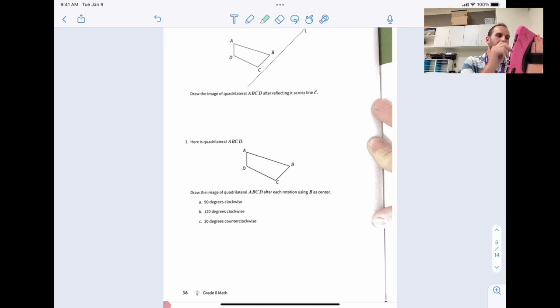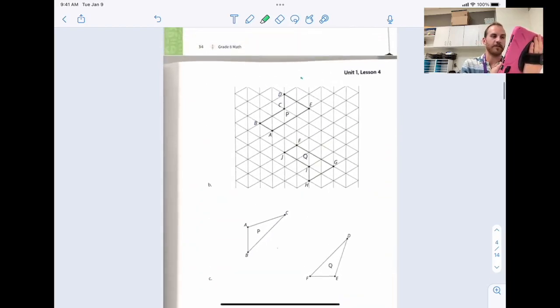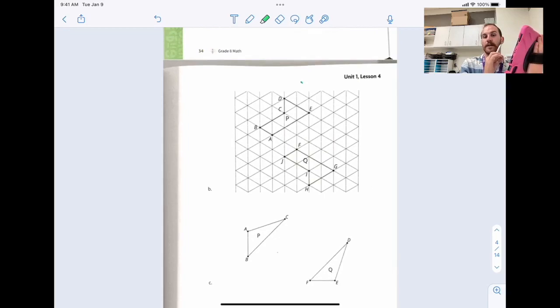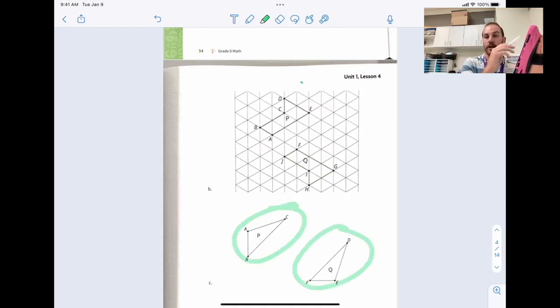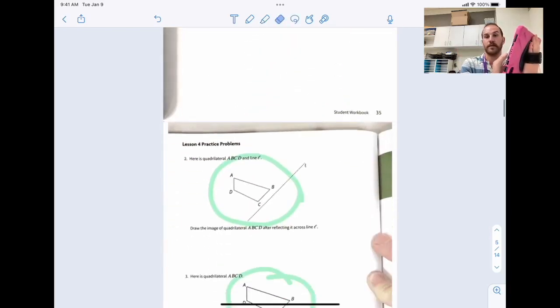I want y'all to be able to do rotations, I do want y'all to be able to do reflections, and I definitely want you to be able to identify how one shape got from one place to another, or at least one sequence of transformations to get one shape to another. So if you did one of these 3 correctly, or 2 of them, great work. That's awesome. That's what I really want you to be able to do at this point.